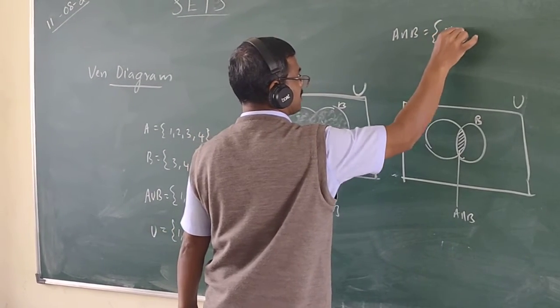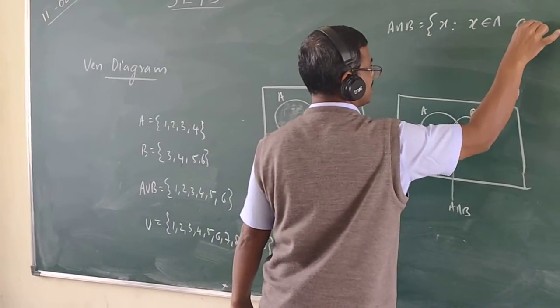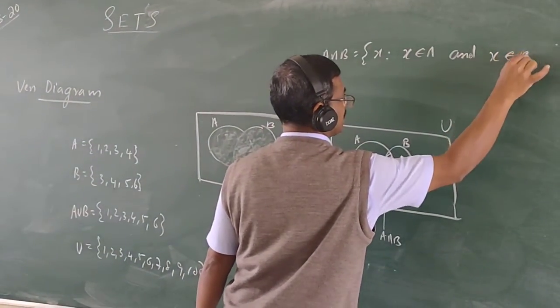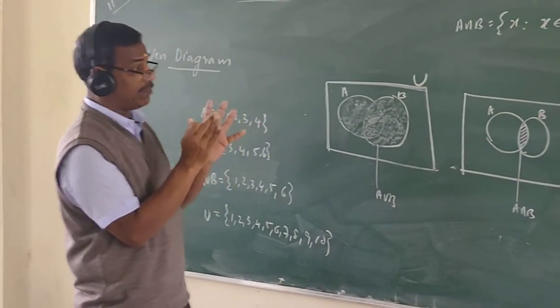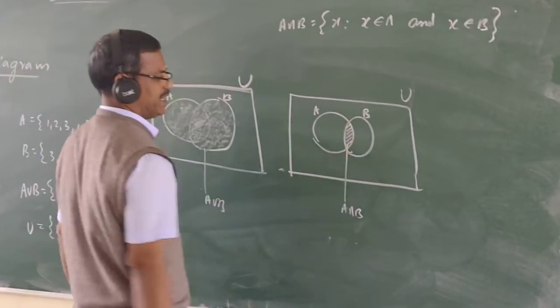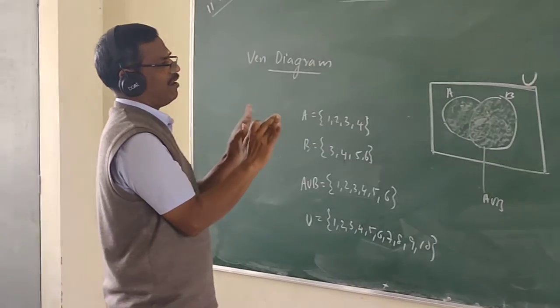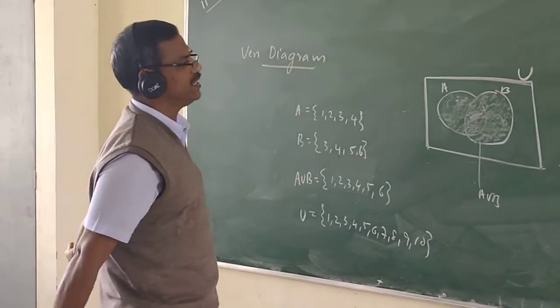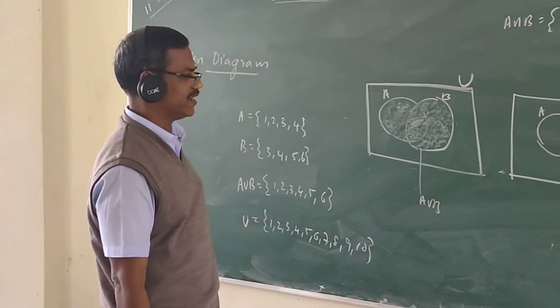Set of all x such that x is in A and x is in B. This is the definition for intersection. That means it should be a common element for both. So we have represented here A and B. This way of representing a set by using a diagram, we call it a Venn diagram.